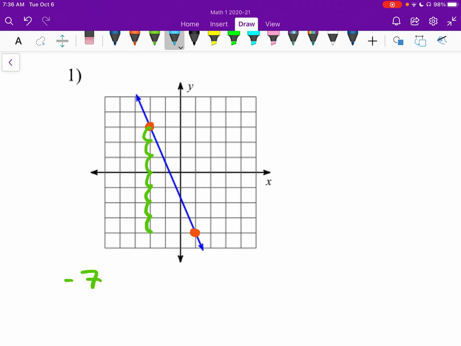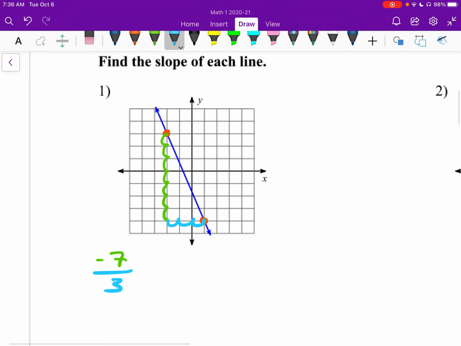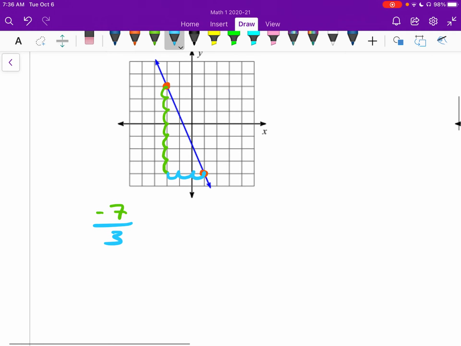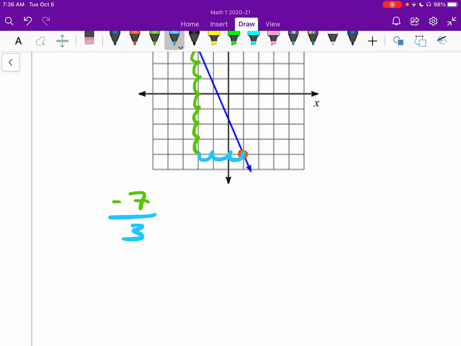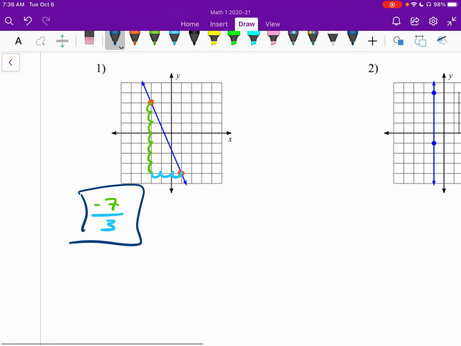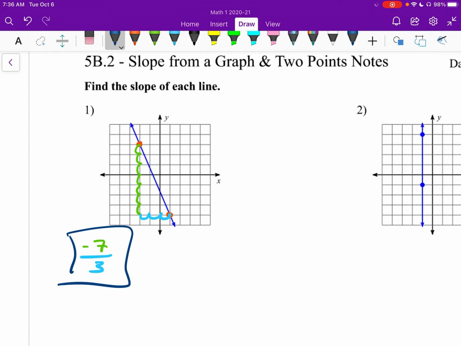And our run is going to be 1, 2, 3, +3 because we went right 3. So if we could, we would want to reduce that fraction, but -7/3 doesn't reduce, and that's our final answer, -7/3. So the rate of change, or the slope, of this line in number 1 is -7/3. That's how fast it's going down.